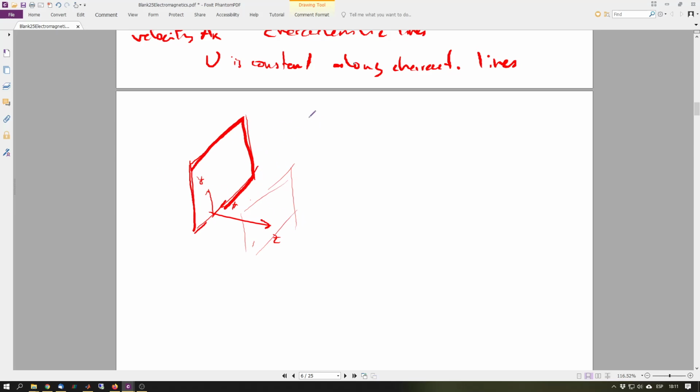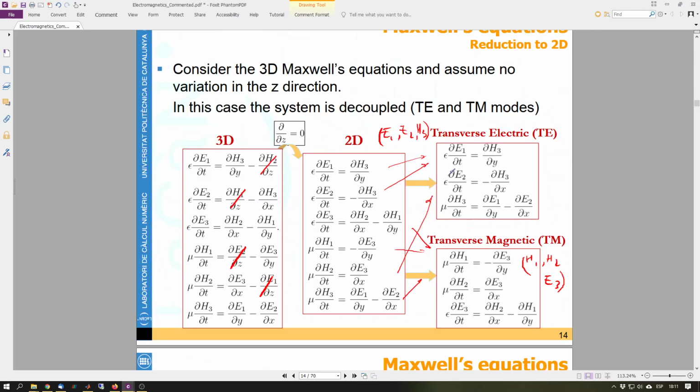And I can either study my transverse electric, which contains E1, E2, and also H3. So in other words, I have E1 as an unknown, E2 as an unknown, and H3. H3 does not vary along Z, but it varies along time, right?